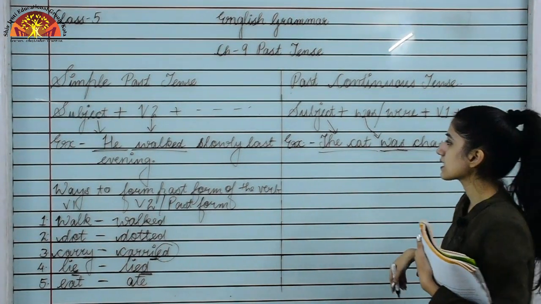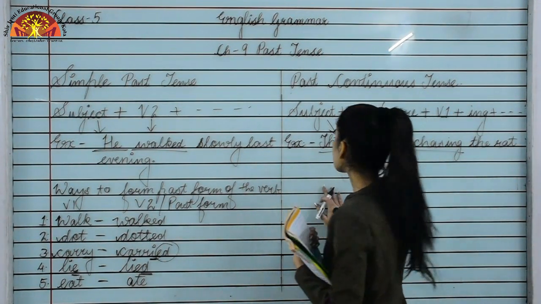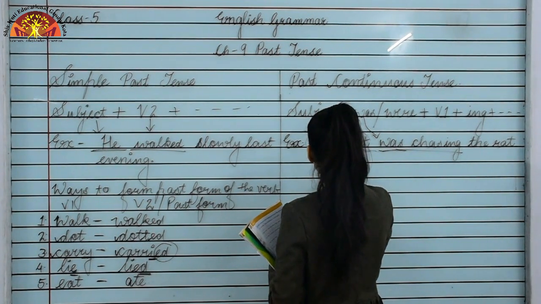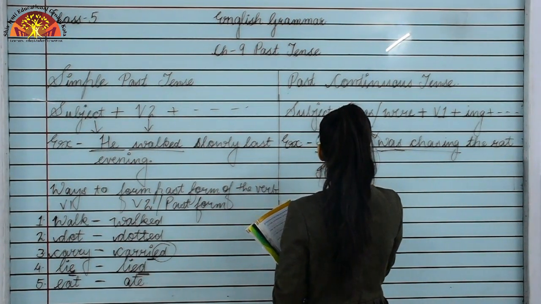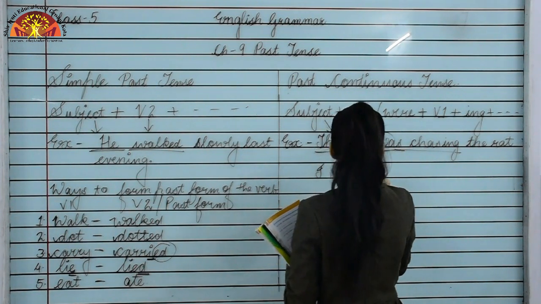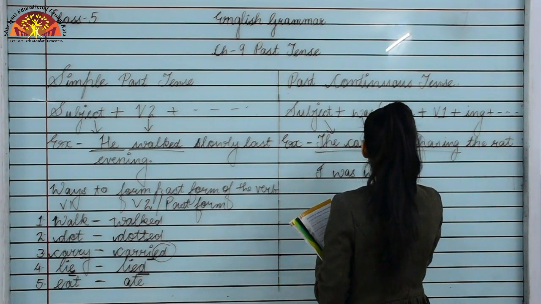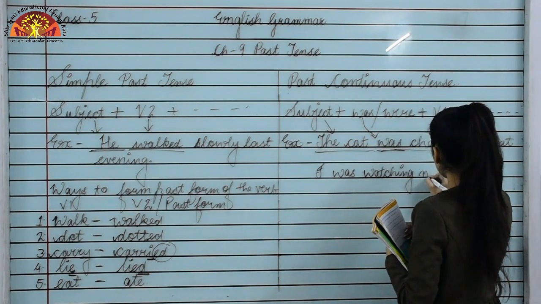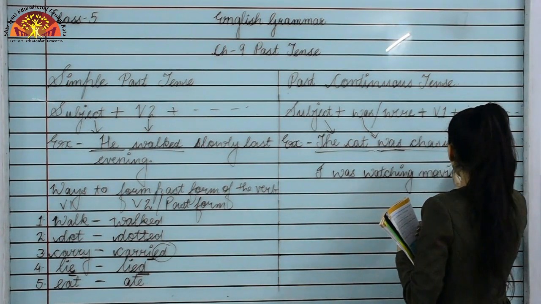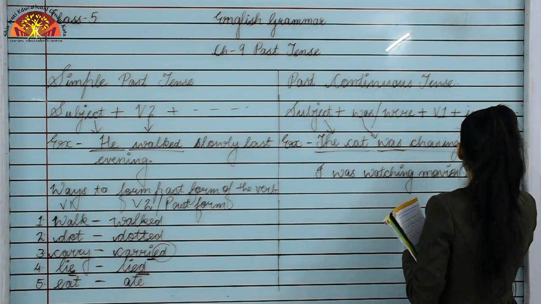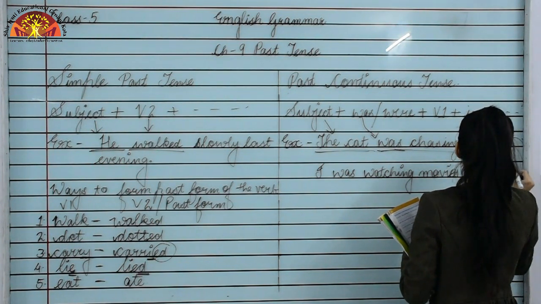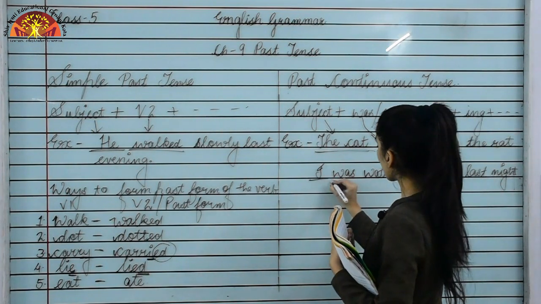Okay, so you can see it on the board. I am writing another example. Here also you can see that with I, was is coming.